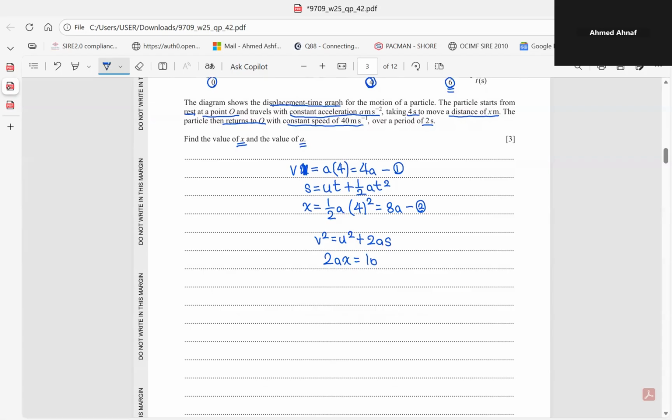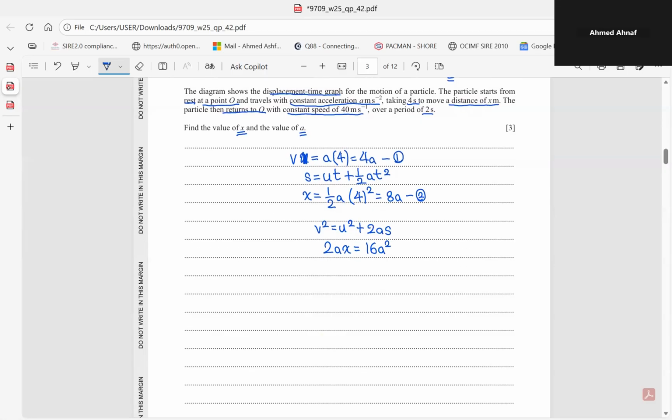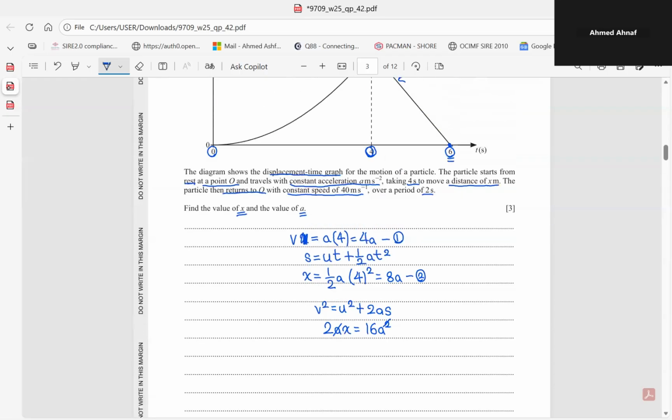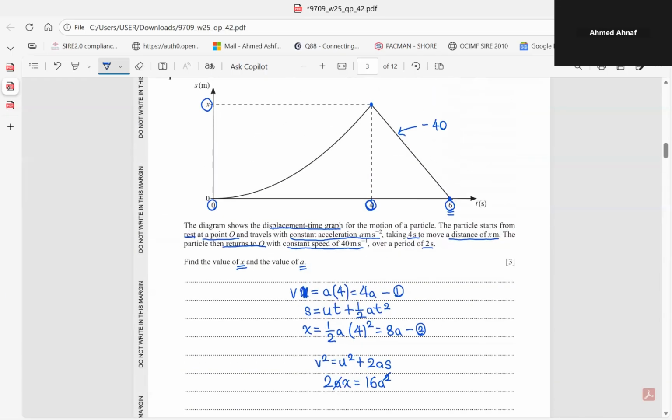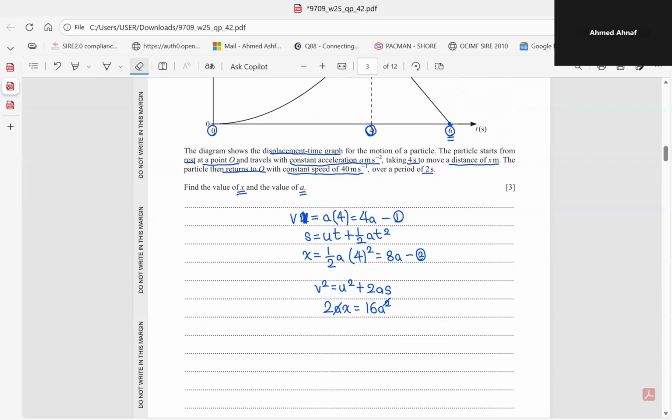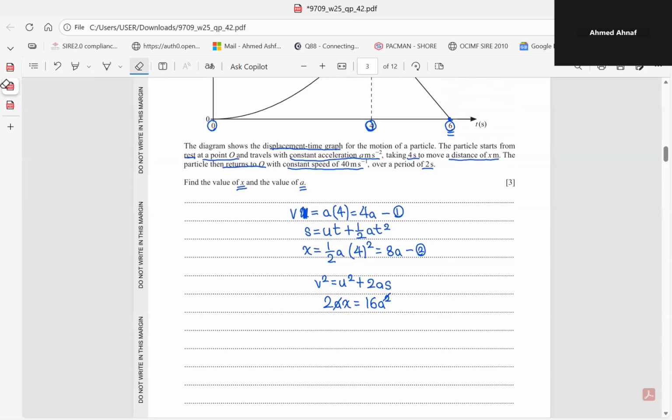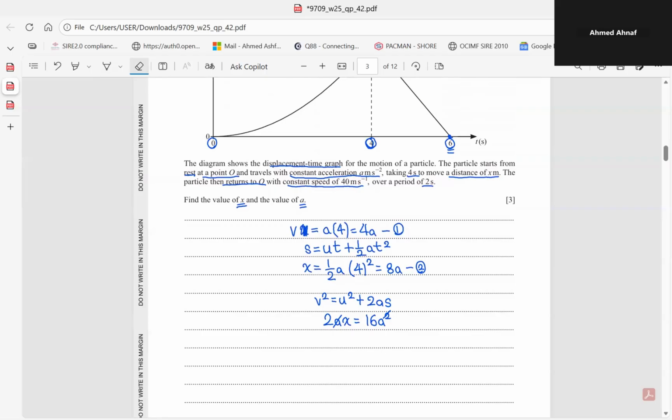So that's 16a squared. So the a's cancel out. Okay. I don't think we need any more equations since we get the same value.